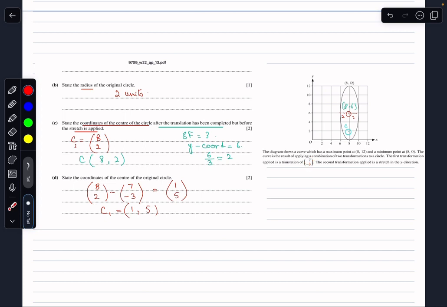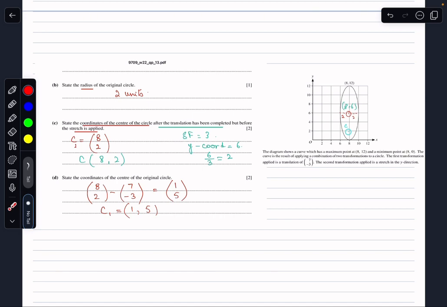That means we should be taking it backwards, so I will have a negative sign assigned to it. It's 8, 2, minus 7 and minus negative 3. That gives me 8 minus 7, which is 1, and 2 plus 3, which gives me 5. That means that initially it was the circle with radius 2 at 1, 5.